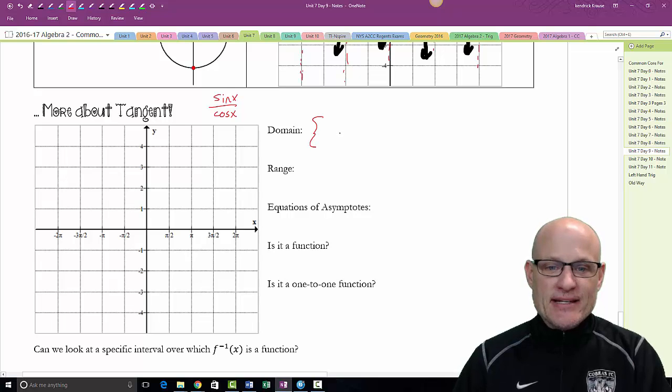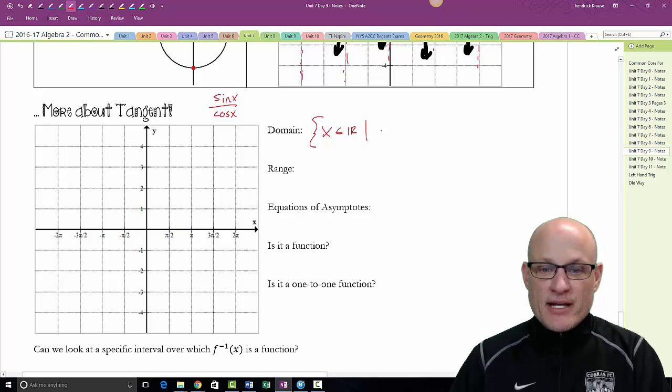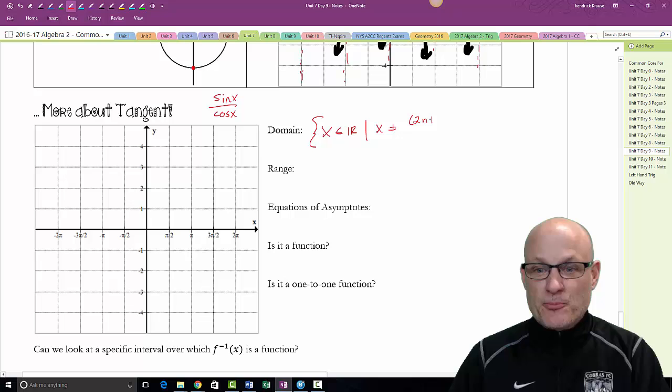So once again, for tangent, x is in the set of all reals, but x cannot equal (2n plus 1) pi over 2, where n is in the set of all integers.